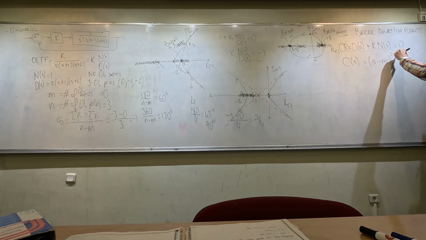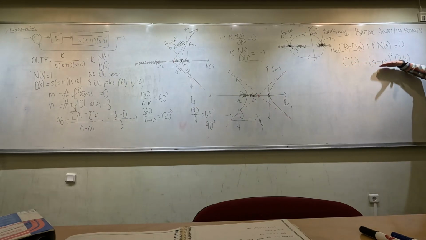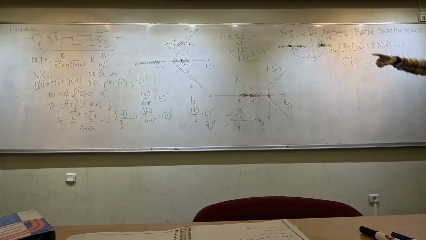So I will have the characteristic polynomial looking like this at a breakaway or break-in point.